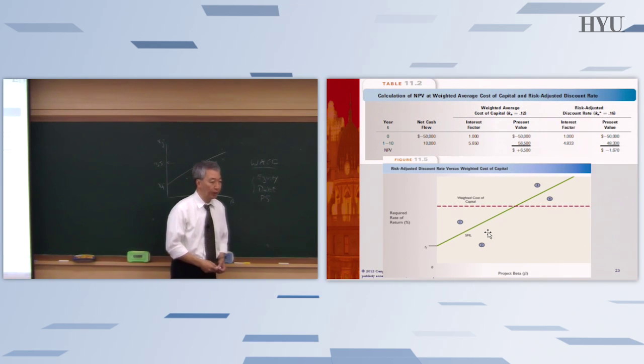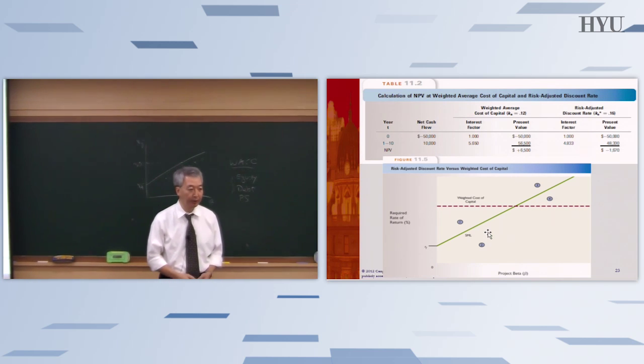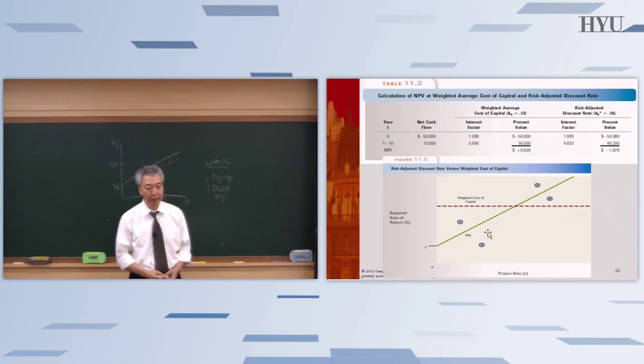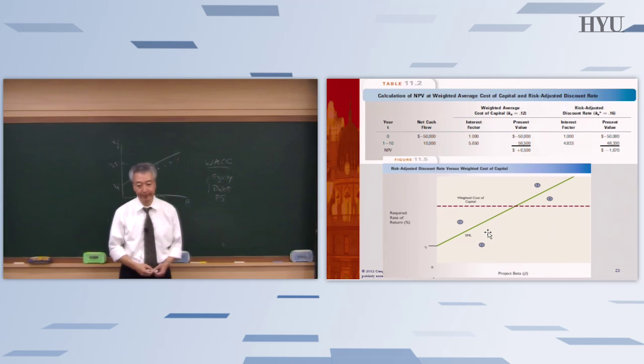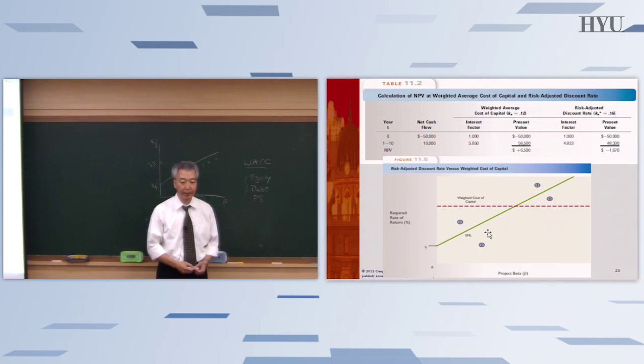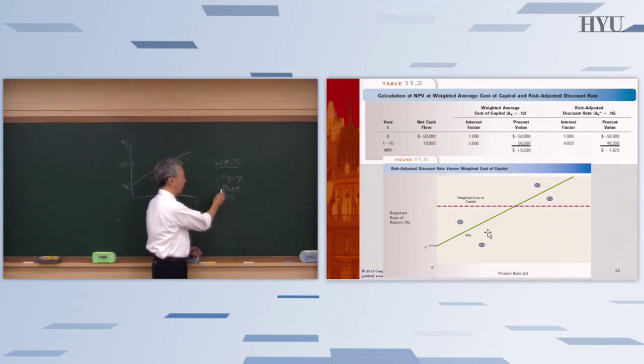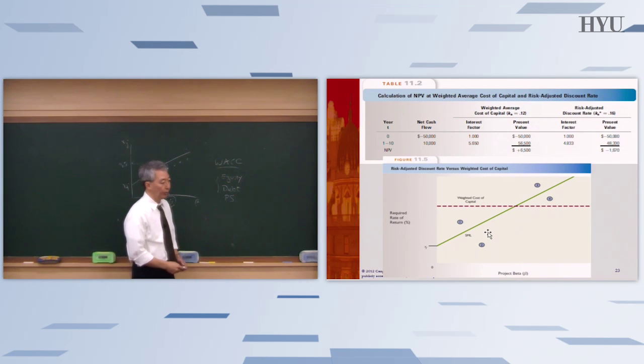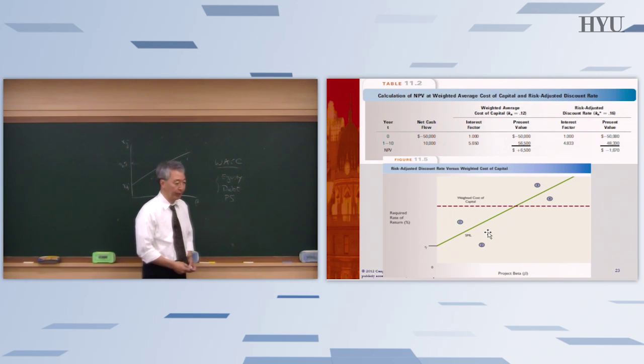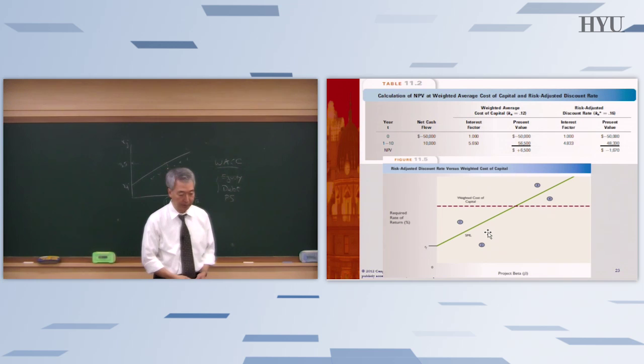So when you are interested in any new project, the question is how do you raise the fund? And when you raise the fund either using equity or debt or preferred stock, what is the cost? In other words, what interest payments do you have to make on those types of capital?